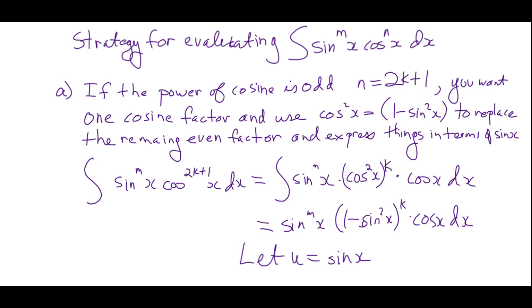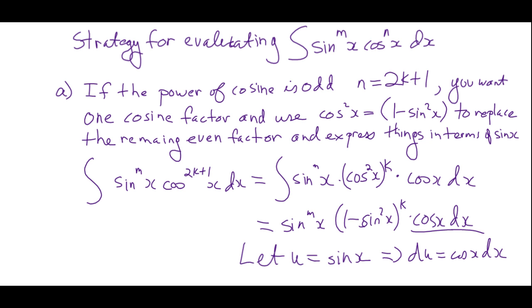Okay? So you've got a u substitution. This can be multiplied by this, and so on. Then what do you get out of that? You get du is cos x dx. So this becomes your du, and all of this is in terms of u, and away you go.